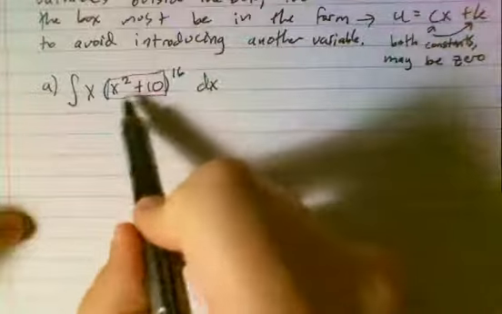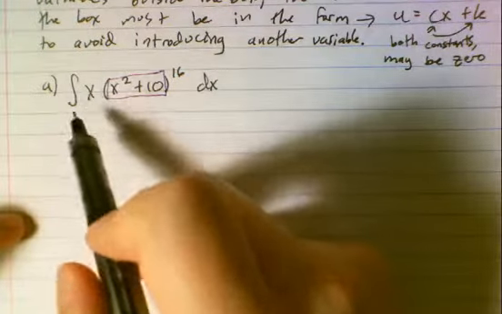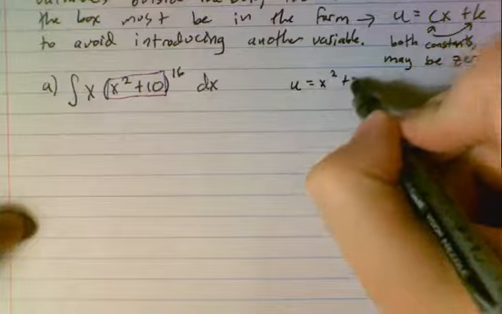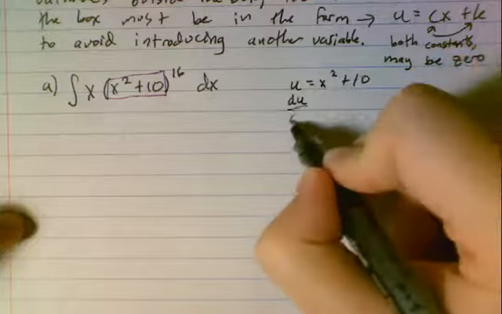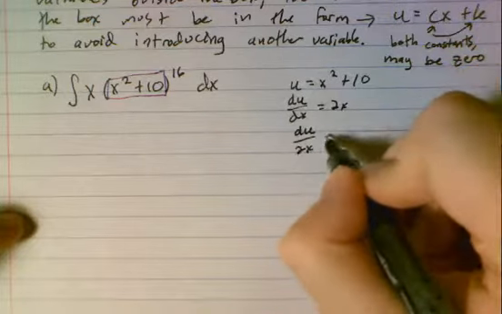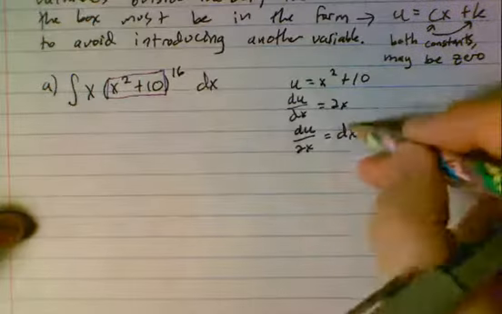And when we look at this, the derivative of x squared is going to have an x in it, so these will cancel out nicely. So let's let u equal x squared plus 10. du dx equals 2x. du over 2x equals dx, so we'll go ahead and substitute that in there.